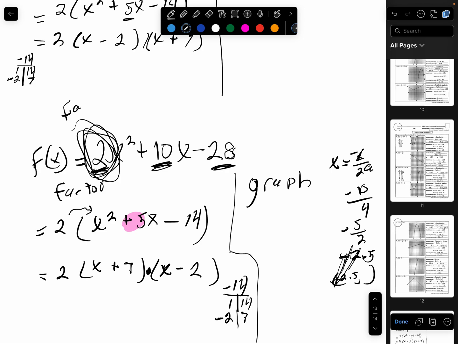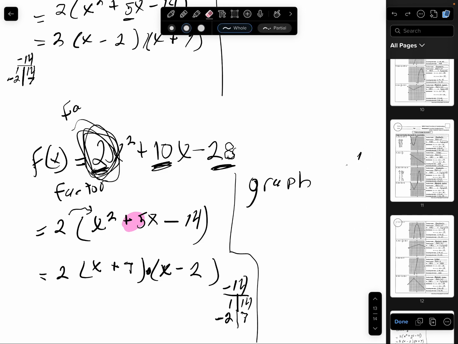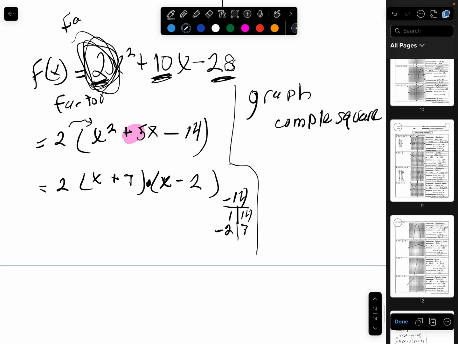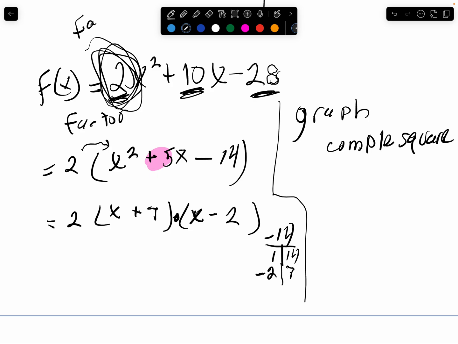So we could do that, but when we have one with a coefficient in the front like this, one thing to think about is for test number 3, very soon, we will need to be able to complete the square. So to complete the square, if it's not already in perfect square trinomial form, we need the coefficient of the a term to be 1.